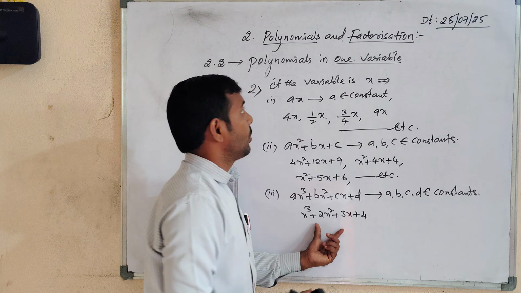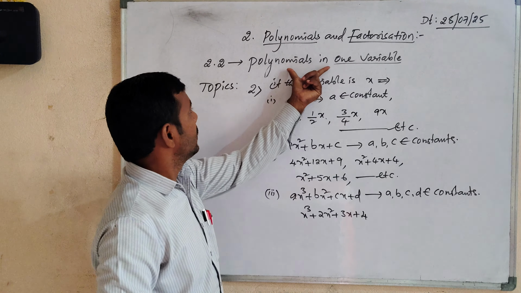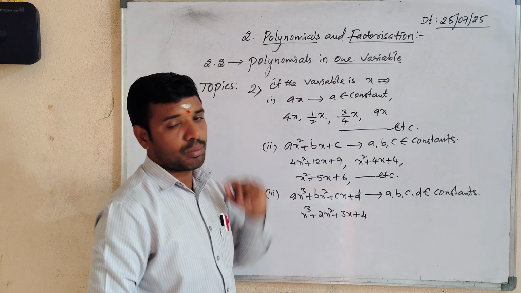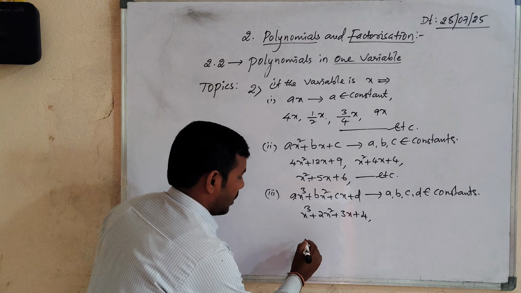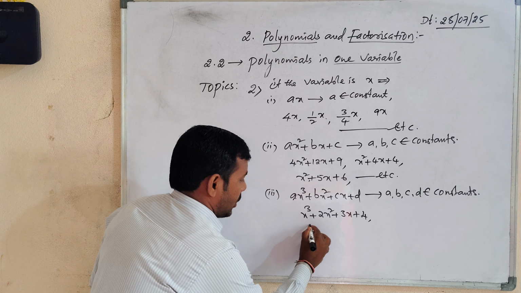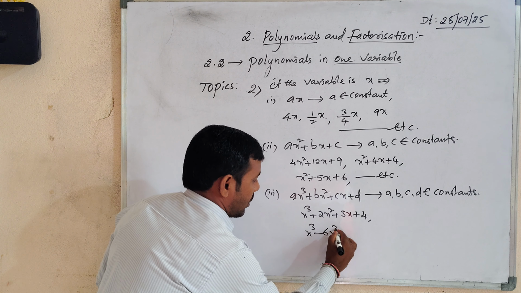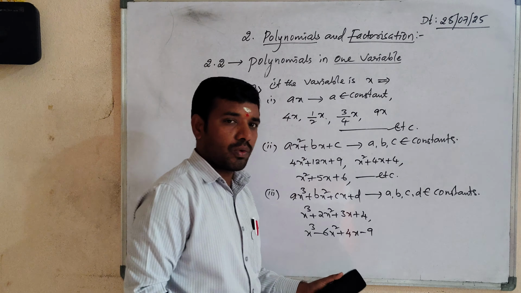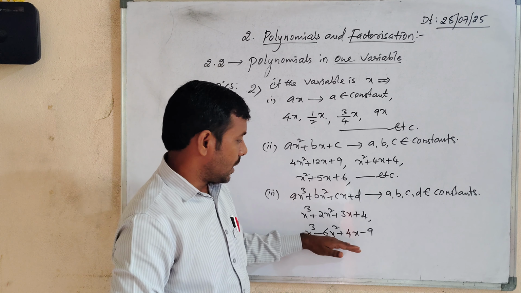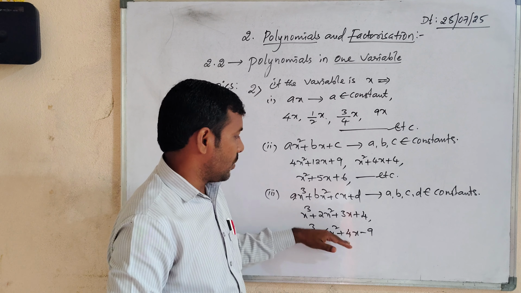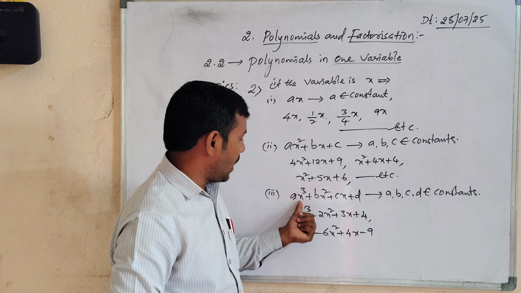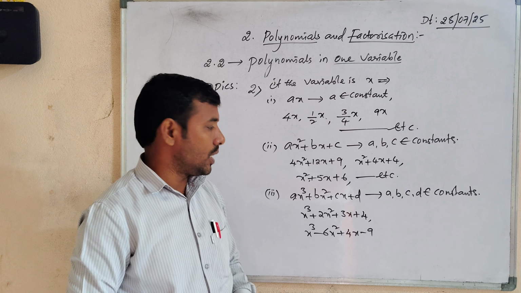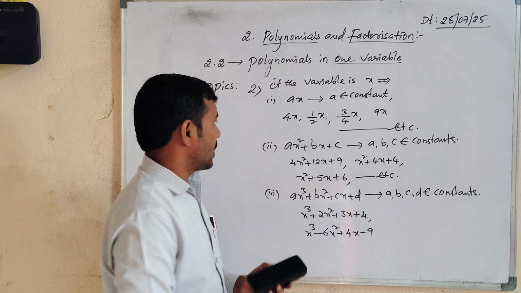It is the best example under this title. It is a polynomial which is having one variable. I want to give one more example. x power 3 minus 6x square plus 4x minus 9. However you write, your example should be in the form of ax cube plus bx square plus cx plus d, where a, b, c, d belong to constants.